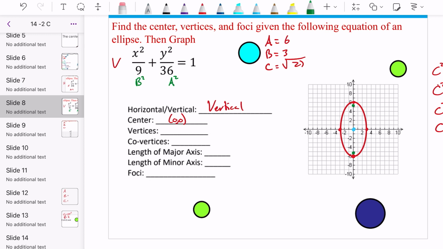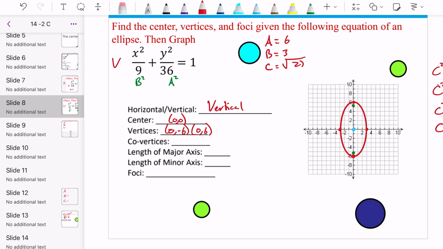The vertices for this problem, considering how we are moving a total of 6, would be (0, -6) and (0, +6). Now the reason for this switch is because now our ellipse is vertical compared to horizontal.